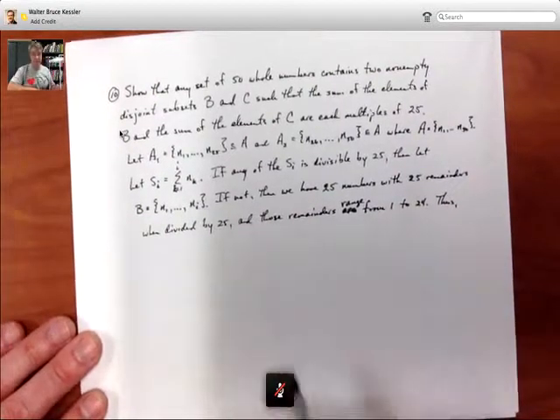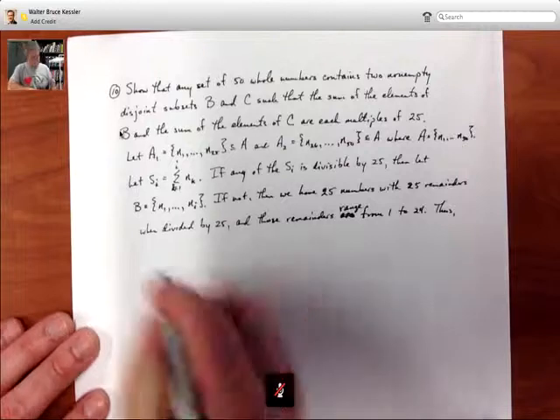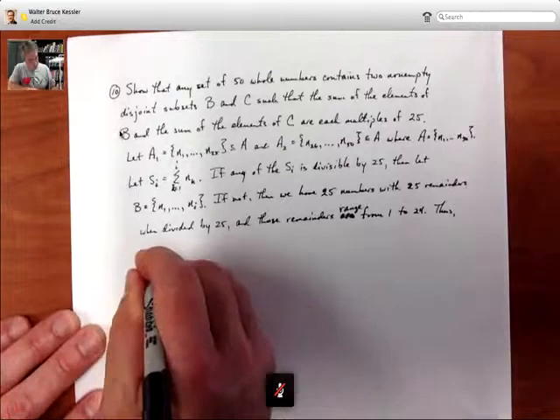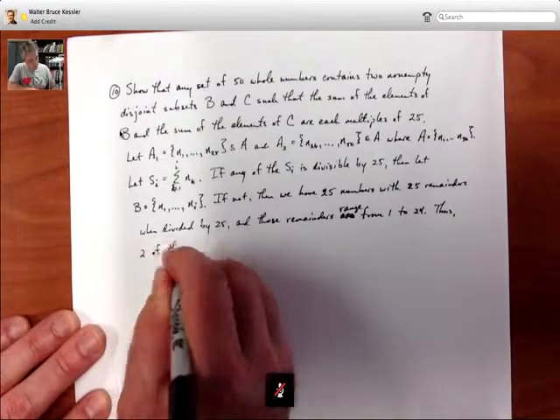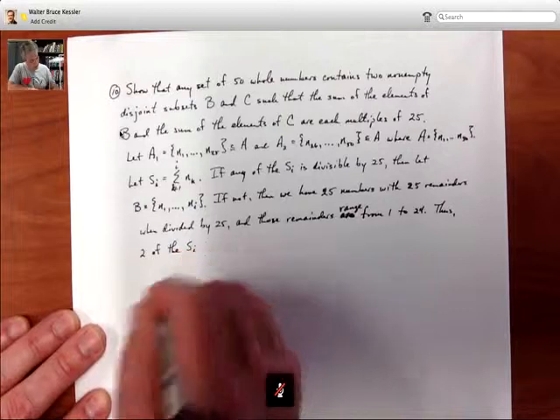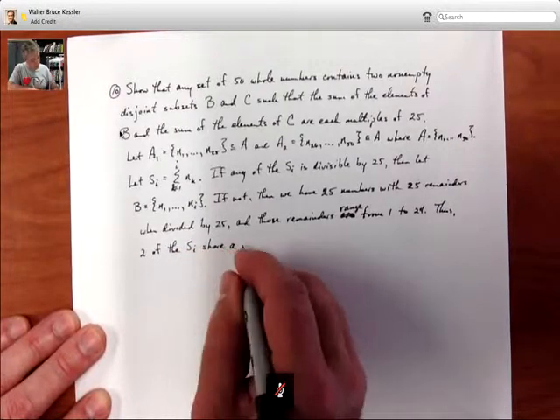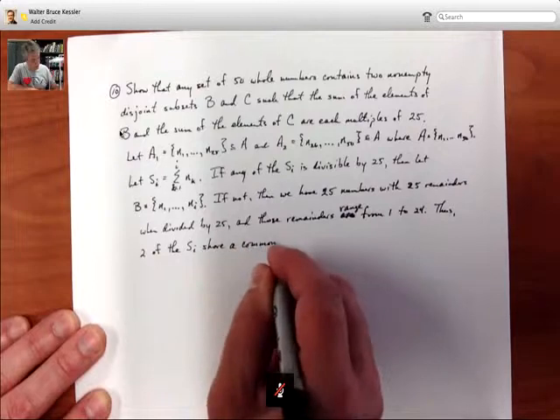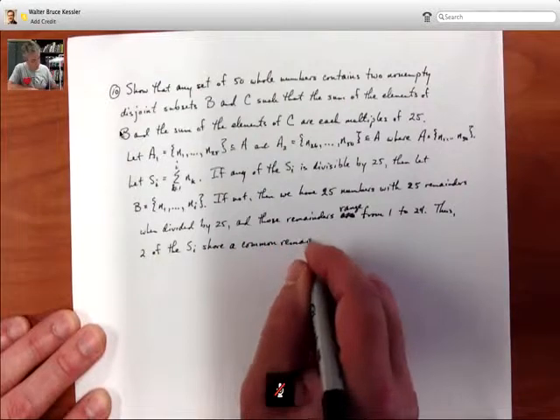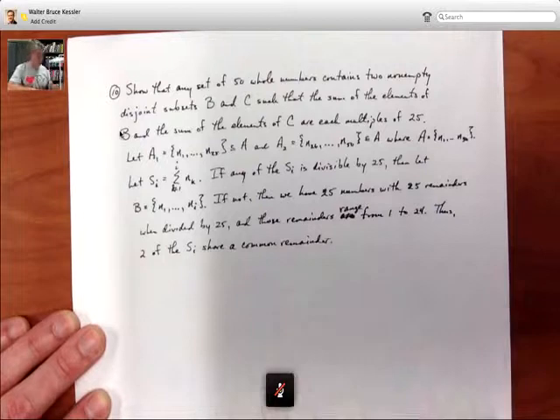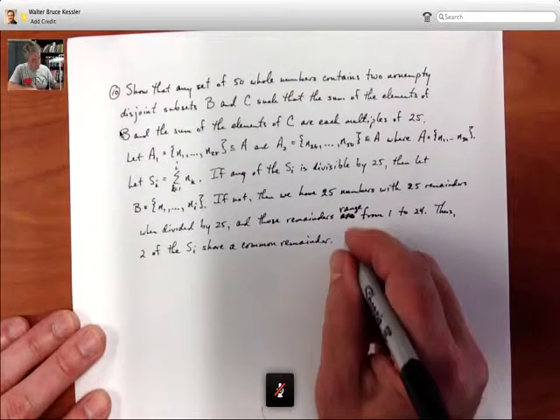Thus, we got 25 numbers and 24 possibilities, right? Thus, 2 of the S sub k share a common remainder. Okay?